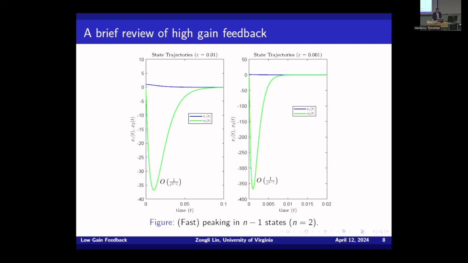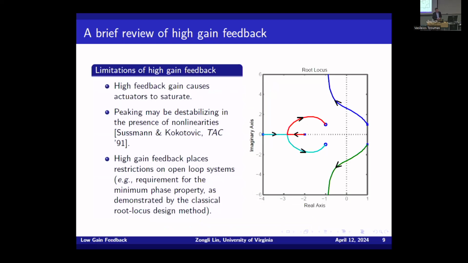It's impulsive behavior. So high gain feedback, as we all know, has some limitations, right? The first limitation is that high gain feedback causes the actuator to saturate. Remember, I just showed you the control input will be on the order of 1 over epsilon to the power of n minus 1, right? So as gain becomes higher, the actuator is going to saturate. And second, the peaking phenomenon I just pointed out.